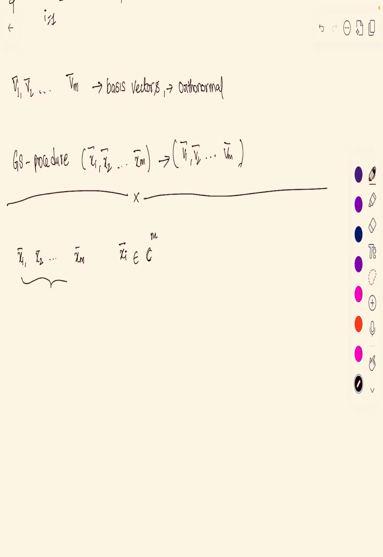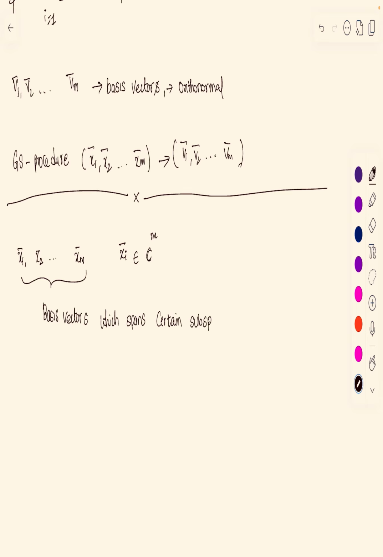basis vectors which span a certain subspace.